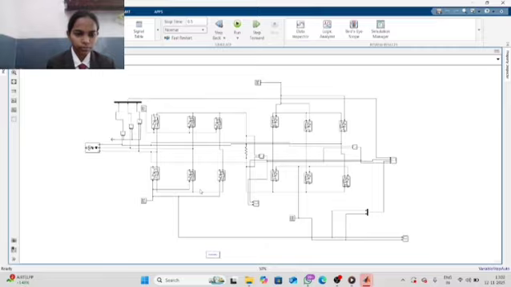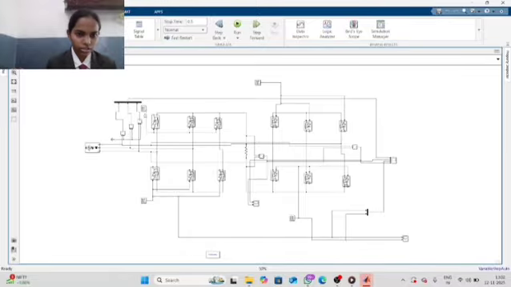Measuring blocks measure voltage and current. Ground is the common reference point for the circuit. Powergui is the simulation control, and it is necessary for the simulation.